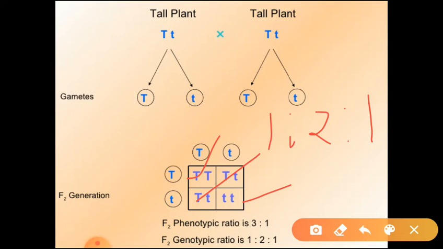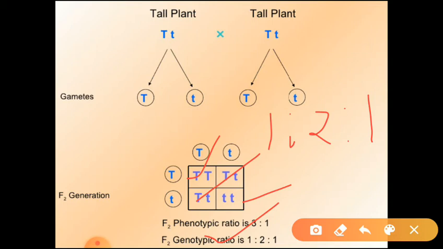The kind of ratio obtained by crossing two different traits of a single character is known as the monohybrid ratio. Once again, the kind of ratio obtained by crossing two different traits of a single character is known as the monohybrid ratio.